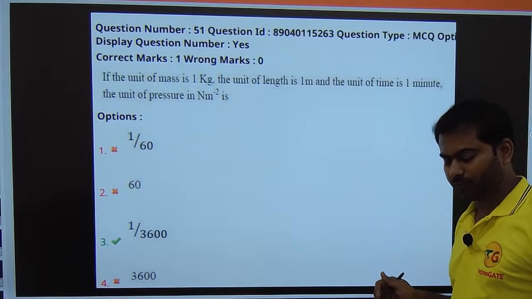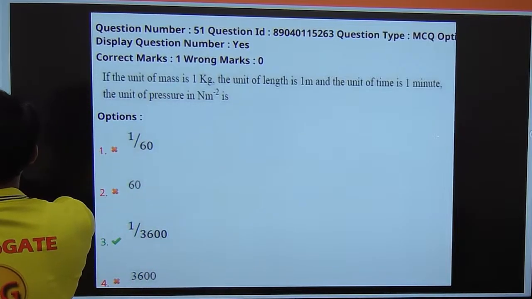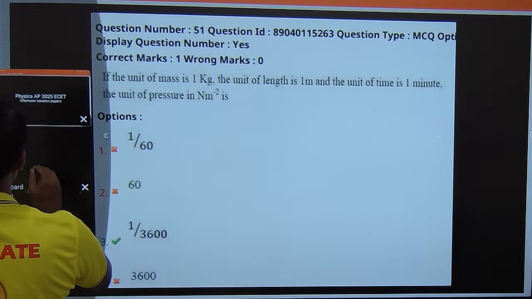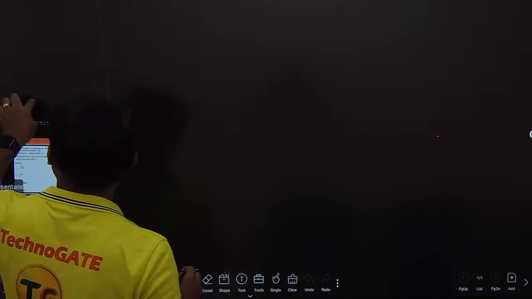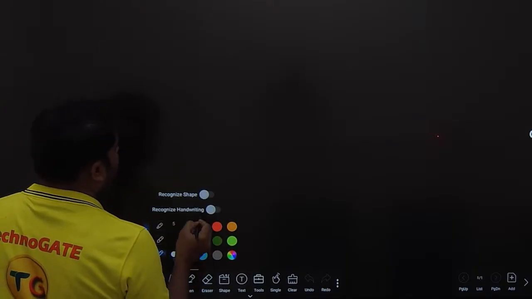That's what they're asking. Okay, so let us carefully solve this. If you see, they gave us unit of mass is 1 kg. So this is question number 51, or basically the first question of physics.